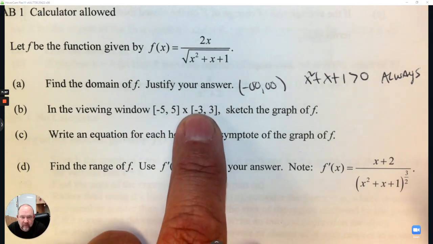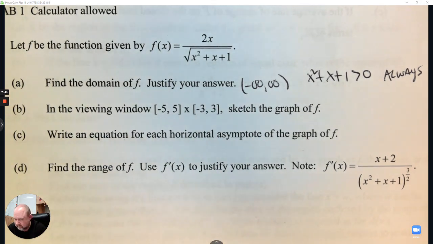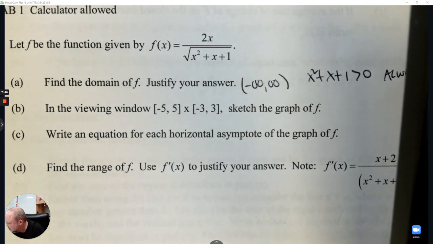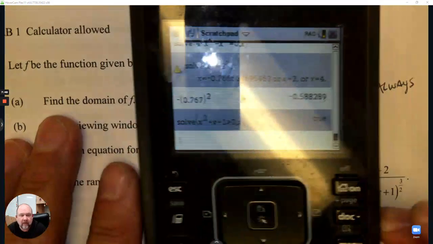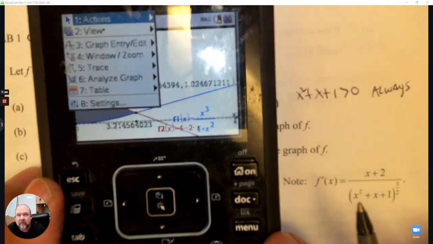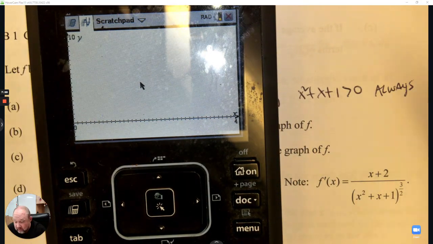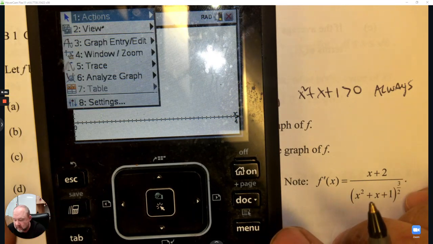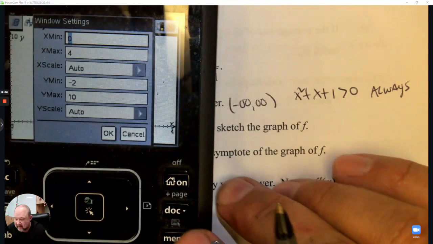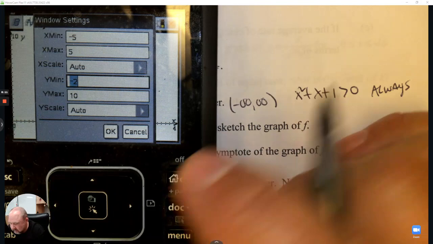In this viewing window, sketch the graph of f. All right. Let's get rid of this from the other review. So first of all, let's just get the window right. So menu, window, and it said for the x, from -5 to 5, and then this one was what, -3 to 3.